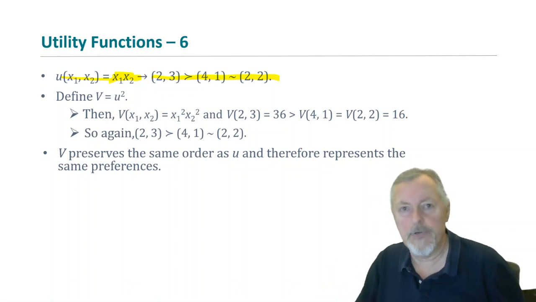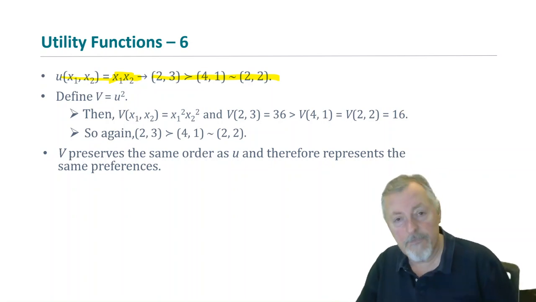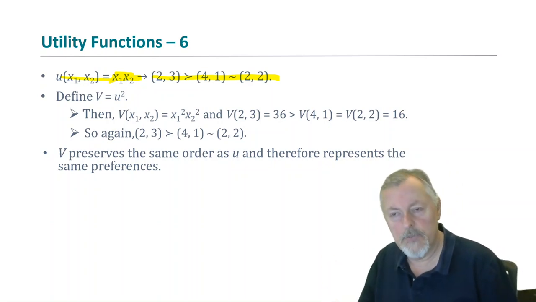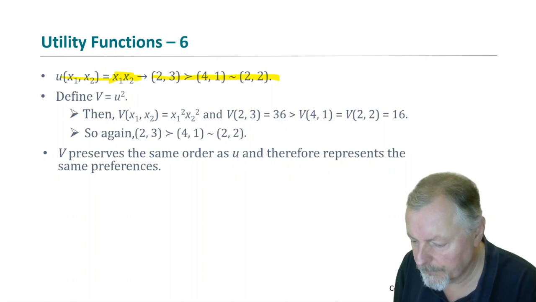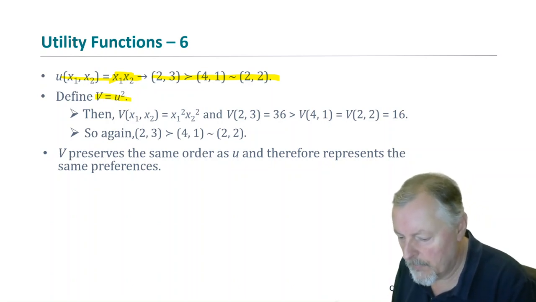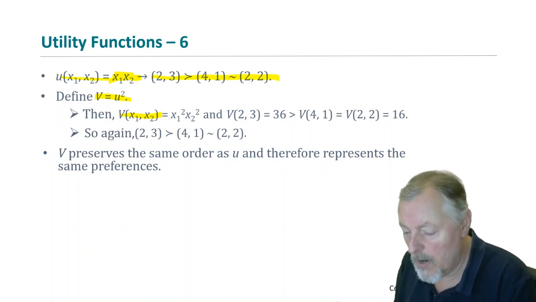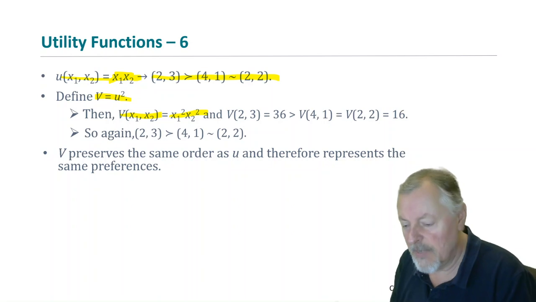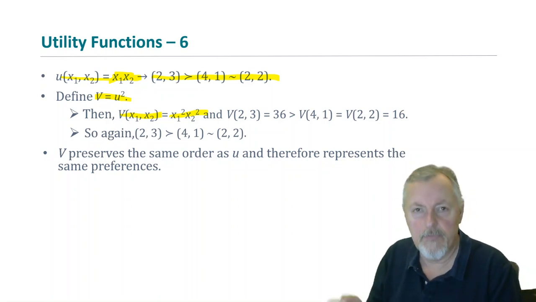Let's create a different utility function. We'll call this one, instead of u, we'll call it v. Utility function v is going to be the square of utility function u. Therefore, utility function v is the square of the number of x1s you have times the square of the number of x2s you have.